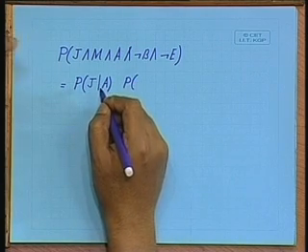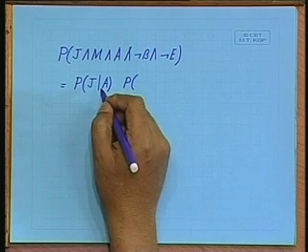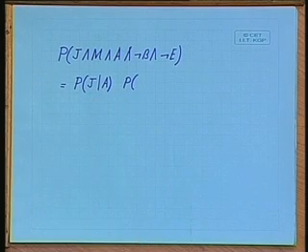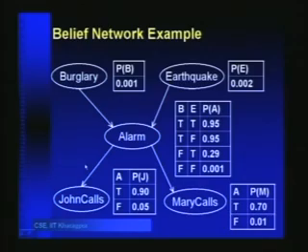Because if you recall in the belief network that we had here, we had J, only alarm was the predecessor of John calls. So, that is why for the probability of John calls, only given the alarm is what is relevant, okay.